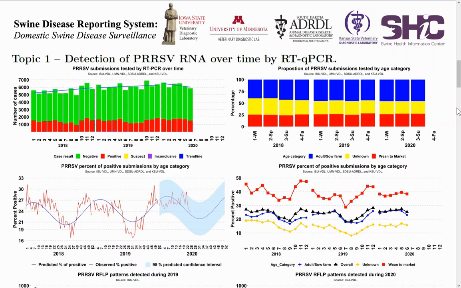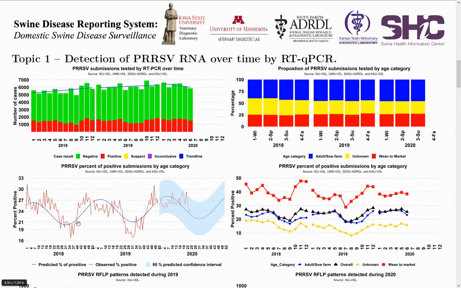The first, it's pretty straightforward. It may indicate that we are doing a great job controlling and eliminating the agent in the field, and as a result, we are seeing less detection of the agent. We saw this pattern in the beginning of 2018, when PRRS detection was in the lower boundaries for the 95% predicted values.